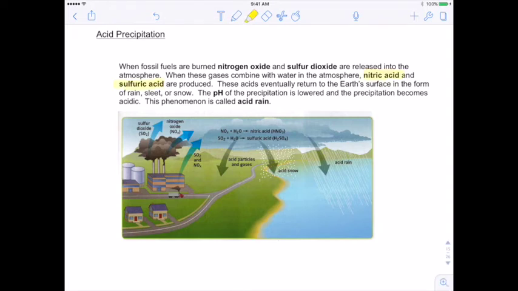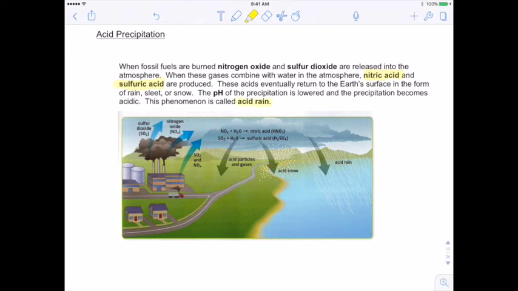These acids eventually return to the earth in the form of rain, sleet, or snow. And the pH of these forms of precipitation is lowered, and the precipitation becomes acidic. This phenomenon is called acid rain.